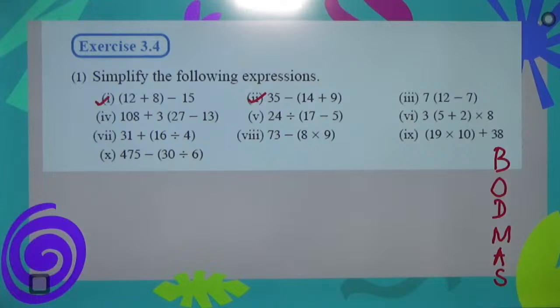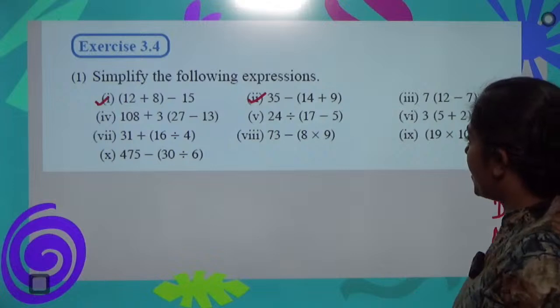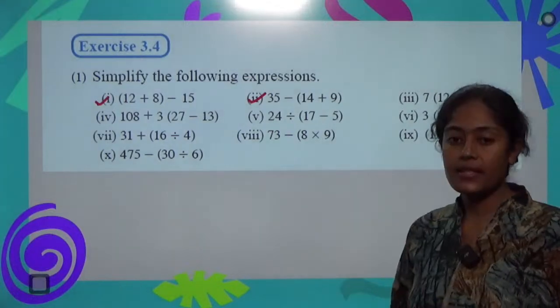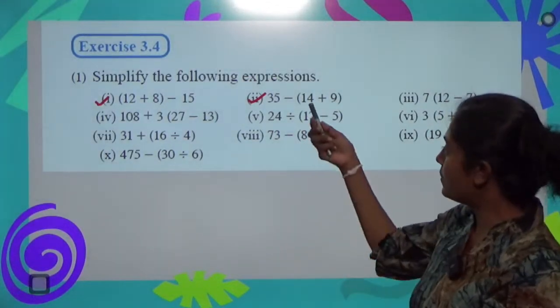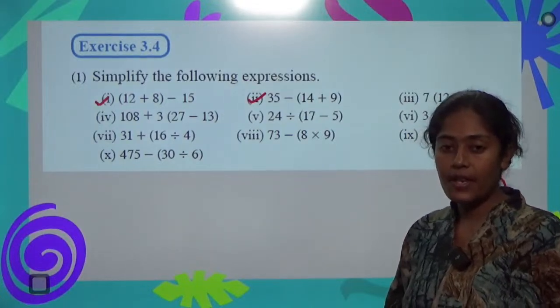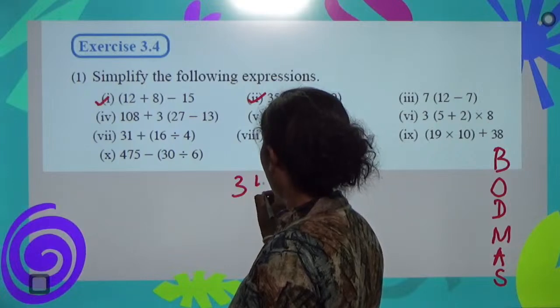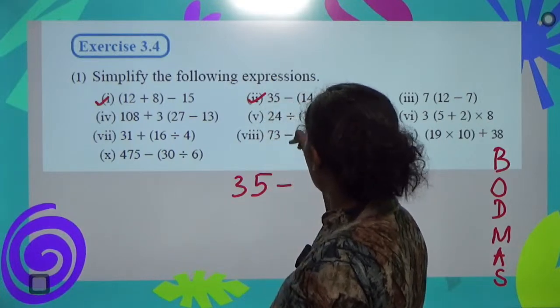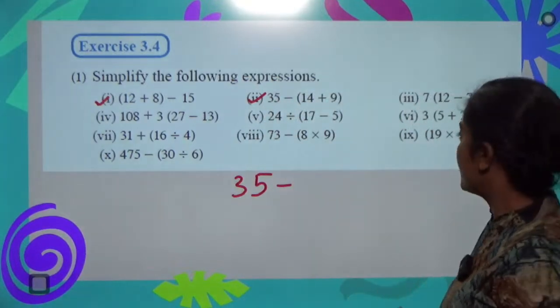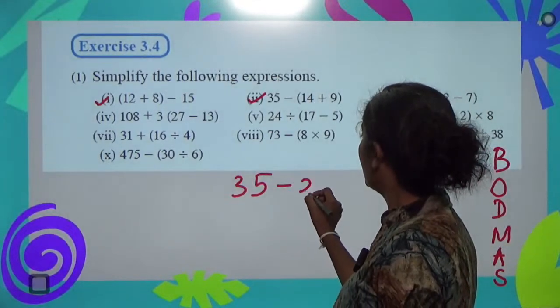Very easy question, yes. 35 subtract, within brackets, 14 plus 9. First you have to simplify again the things we have in brackets. 35 minus, then 14 plus 9. What is the answer? 23.